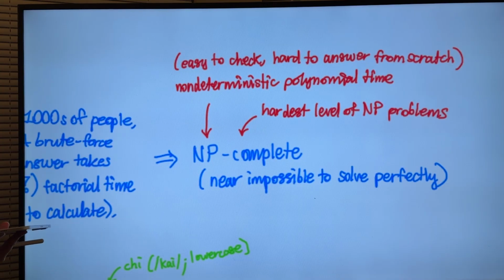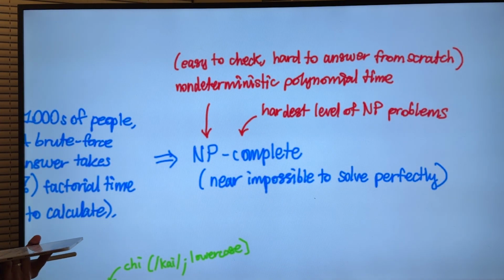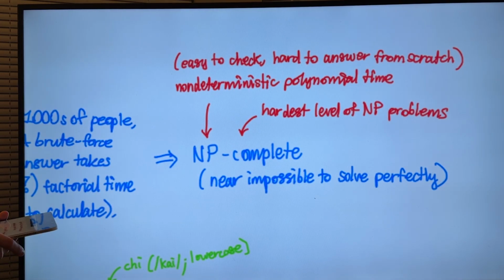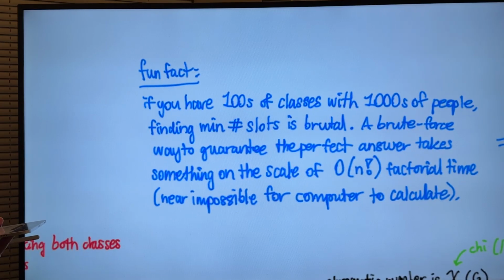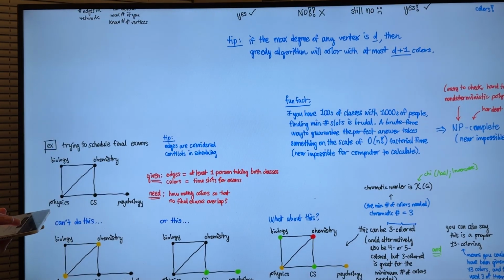It just means this is a kind of problem that, when you have the answer, it's easy to double check, but if you have to answer it from scratch, good luck. It's very hard. And the fact we say it's NP-complete means that it's the hardest level of NP problems, near impossible to solve perfectly. This isn't something you need to memorize right now, by the way, but it's just a cool little fact that I thought of relating to this problem.